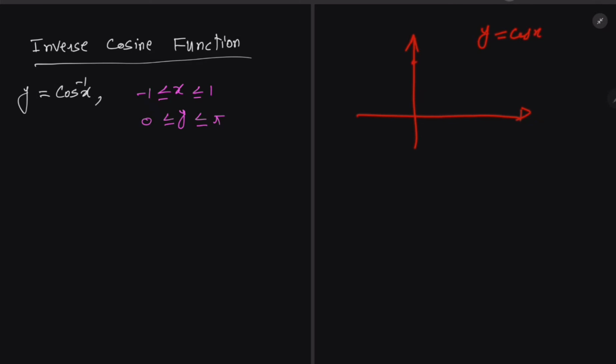Cos 0 is 1, and cos pi by 2 is 0, then it is -1, and so on. So it satisfies the horizontal line test when we restrict the domain from 0 to pi. That's why we have 0 to pi as a range, since range becomes domain and domain becomes range. You should remember this rhyme.